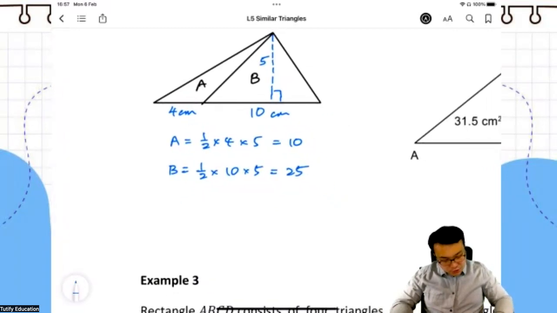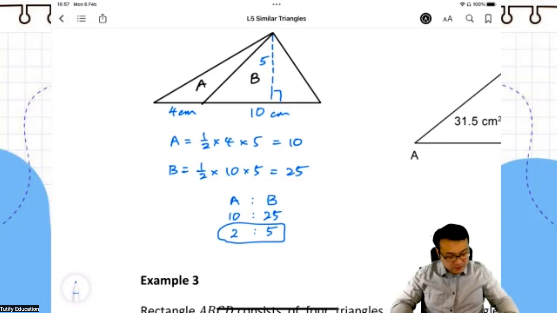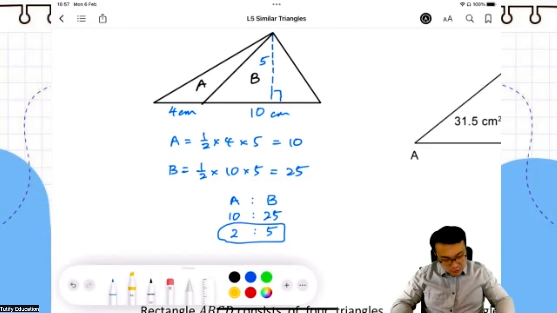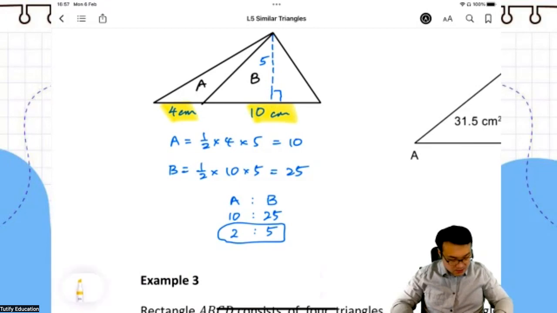Let's look at the ratio. Triangle A is to triangle B. Triangle A has an area of 10. Triangle B, 25. If you simplify the ratio, you divide both sides by 5. Divide by 5, you get 2. Divide by 5, you get 5. The ratio is 2:5. Now, I would like you to look at the bases, 4 cm and 10 cm.